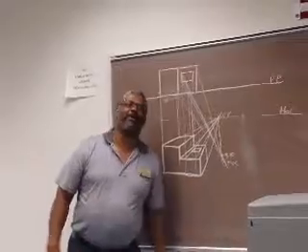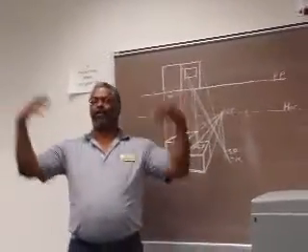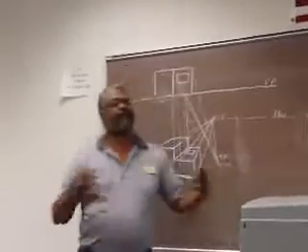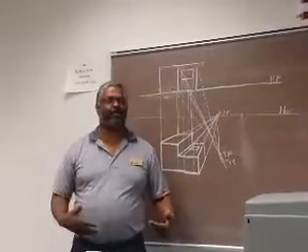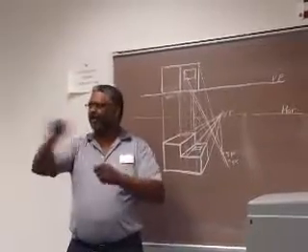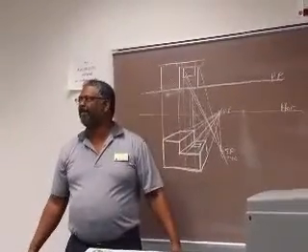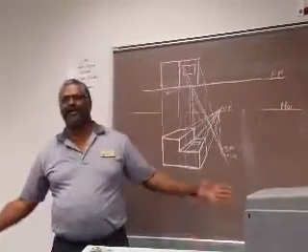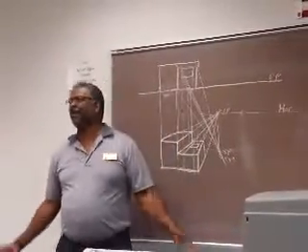Now we're going to show you how to do isometrics on AutoCAD. It has some features that'll help you, but still you have to know how to do the ISO. It's not going to do it for you. You're still drawing, but you're drawing on a computer. If you lay the lines out wrong, they're going to be wrong. It just does what you tell it to do, whether it's right or wrong.